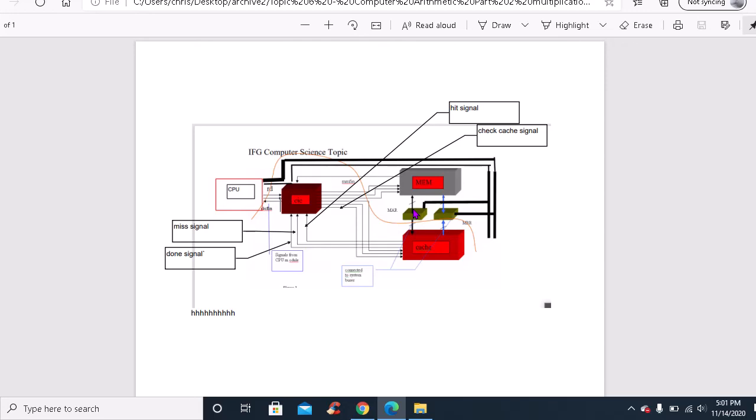Have you got a copy of the data associated with this address? And the answer is going to be no. So the cache interface patiently waits for main memory to put the data requested into the memory data register, and at the same time, on completion of the read, it makes a copy and puts it into cache.